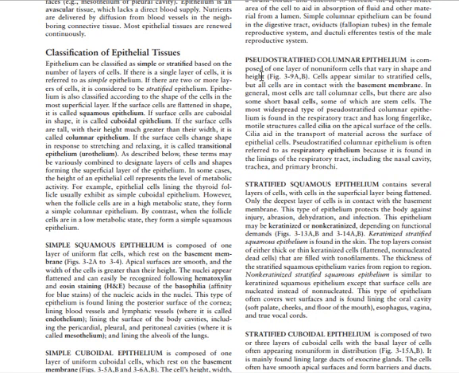Since they have different heights and different nuclear positions, when visualizing under the microscope one has a tendency to say that it is stratified, with multiple layers, while it is not. It has a single layer, but that single layer is made up of cells that have different heights and different positions of their nuclei.